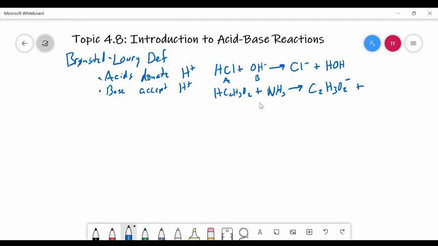It gained a hydrogen ion, and so now it's NH4 with a positive charge. And so this substance, hydrogen acetate, lost a hydrogen. This substance gained a hydrogen. The hydrogen went from here to here. So by definition, that makes hydrogen acetate an acid, and that makes ammonia a base by the definition of Bronsted-Lowry, because this one gave away a hydrogen, this one gained a hydrogen.